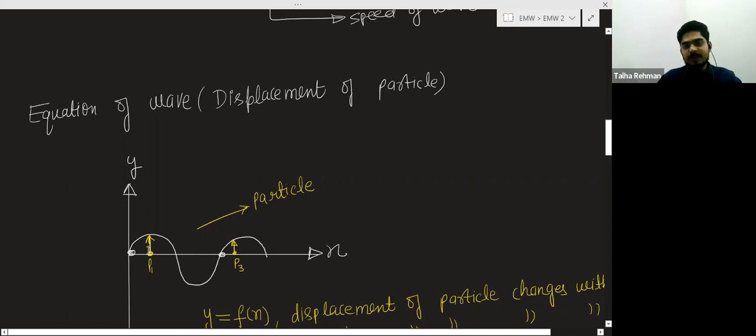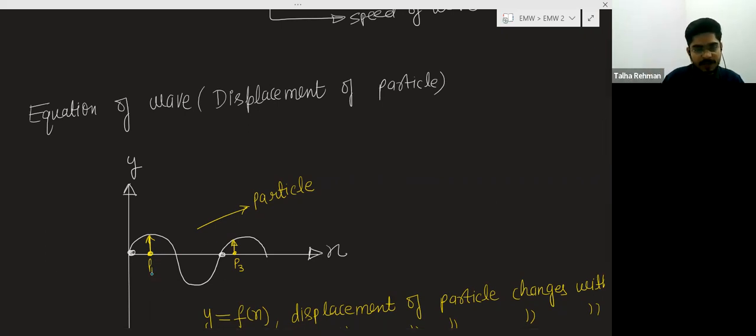Basically, this particle is oscillating, going up and down, up and down. Suppose here is another particle. At the same time, the displacement of this particle will be this.